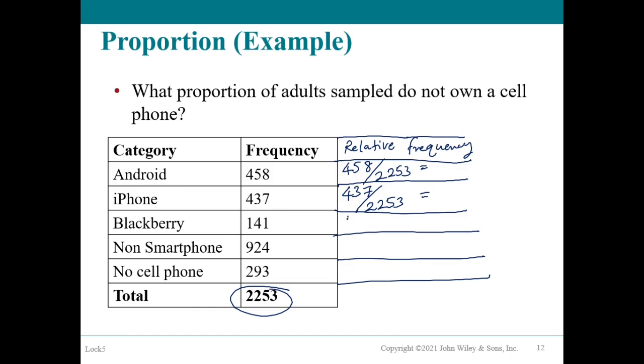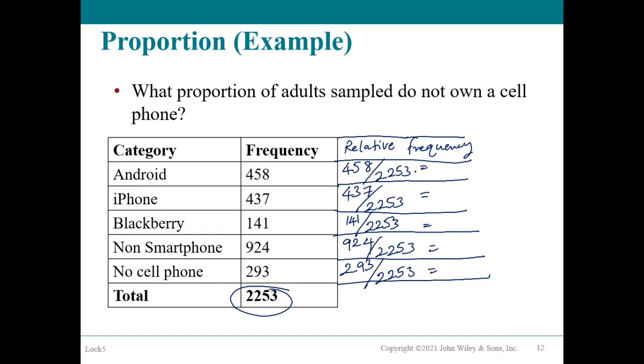For the BlackBerry it is 141, so 141 divided by the total 2253. This one, 924 divided by 2253. The last one, 293 divided by 2253. You can use your calculators to get answers for these fractions.